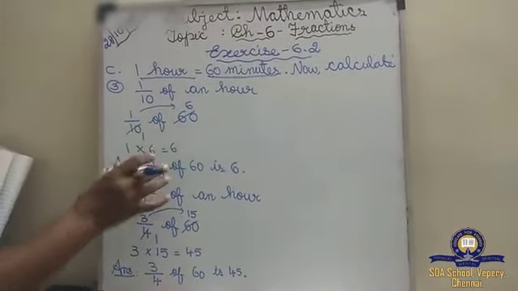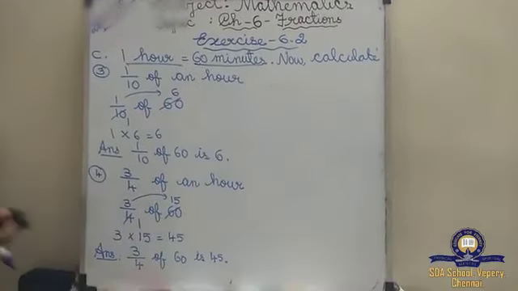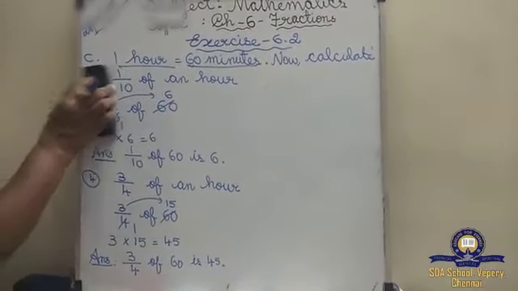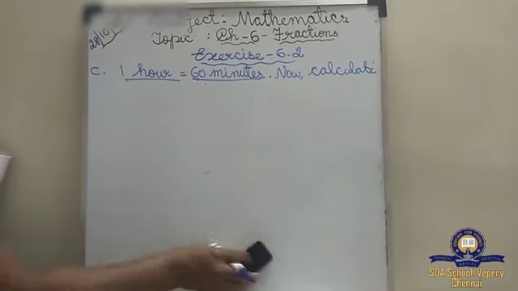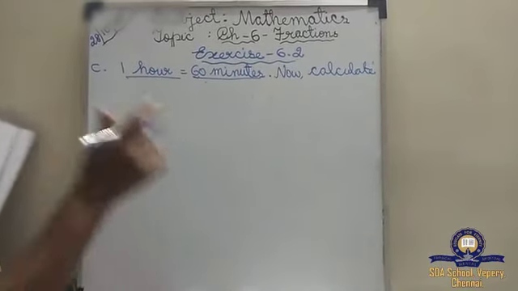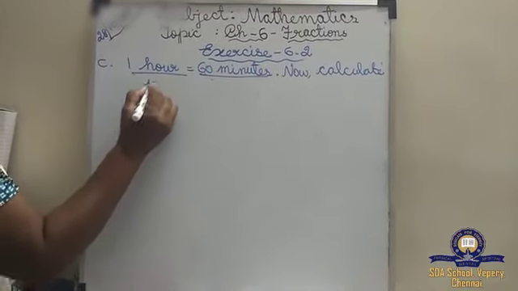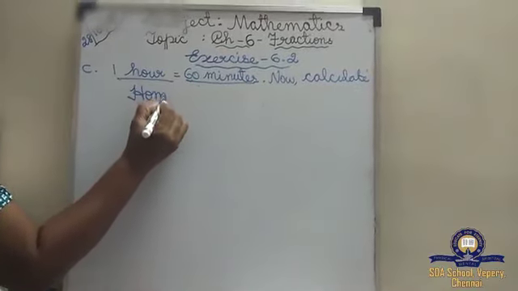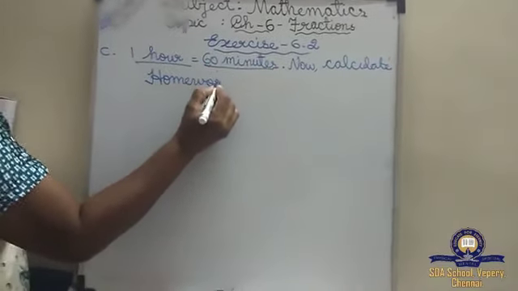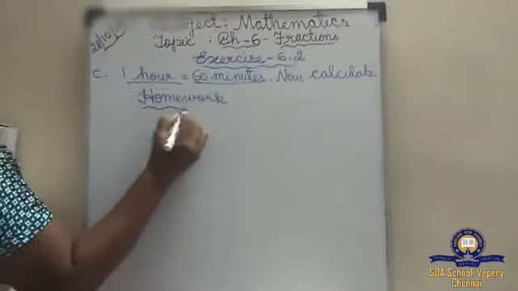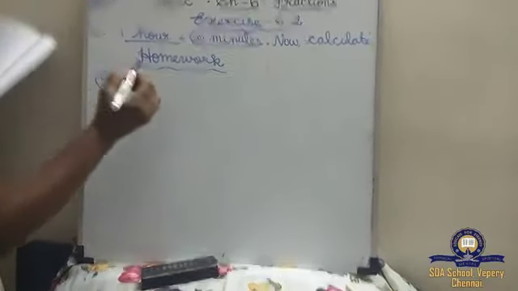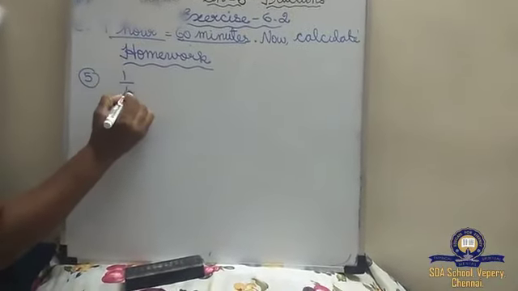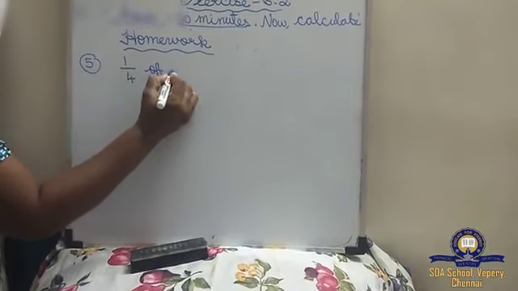And in this also I will give 2 homework sums. Okay, children, I will give 2 homework sums. So totally how many sums have I given, children? 6 sums. All should send it to me. Homework. 5: 1 by 4 of an hour.